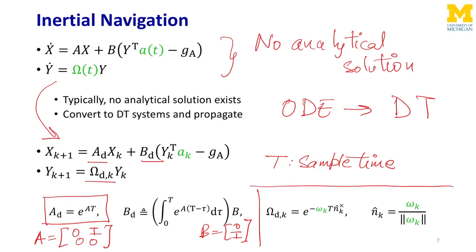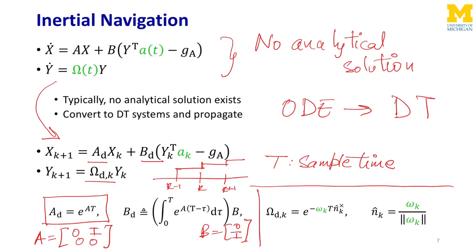So what we are going to assume is that between each time step, we have these time instances, k minus 1, k, k plus 1. We're going to assume that our omega is a constant. So omega changes like this. If omega is a constant, then I can assume that between the time steps, the propagation is linear.